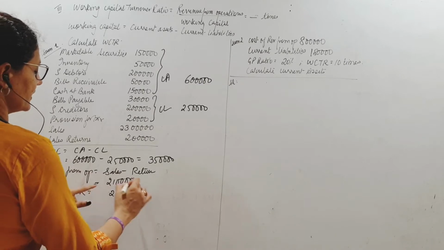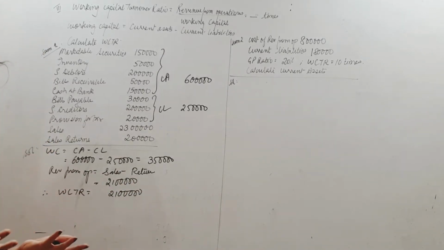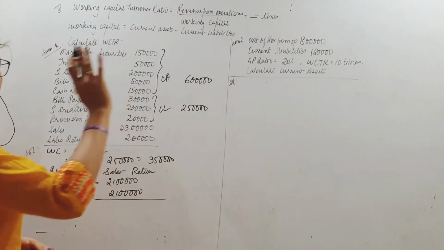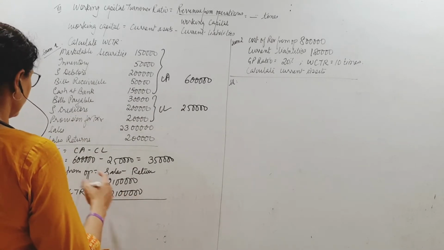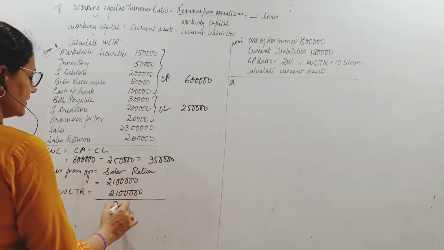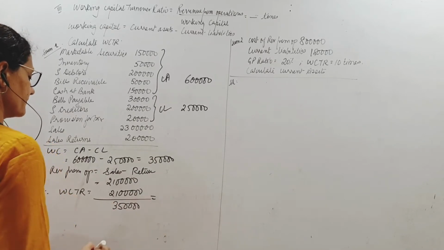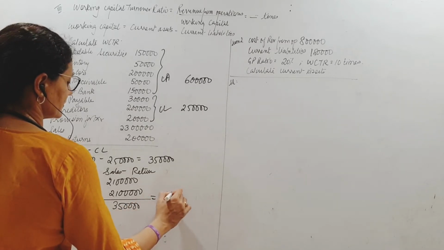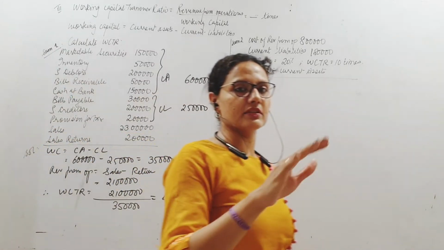This is not just credit revenue, okay? It is total revenue, because from working capital the entire sales comes, not just credit or cash. So here the full amount of revenue, 21 lakhs, divided by working capital, 3 lakh 50,000. So this is 6 times.